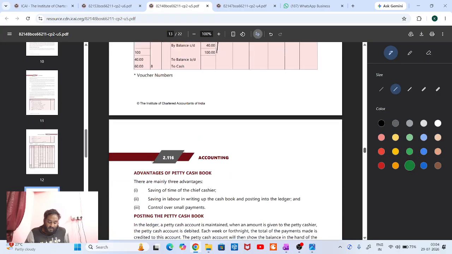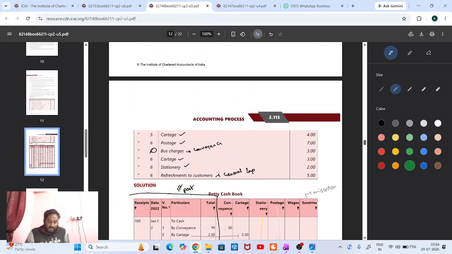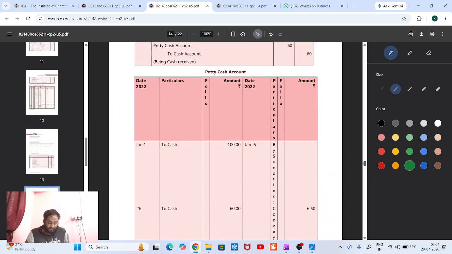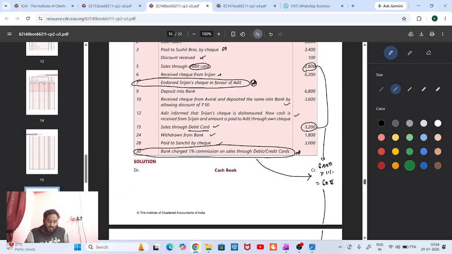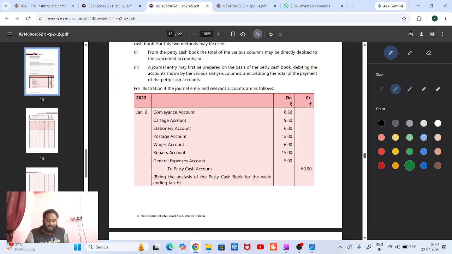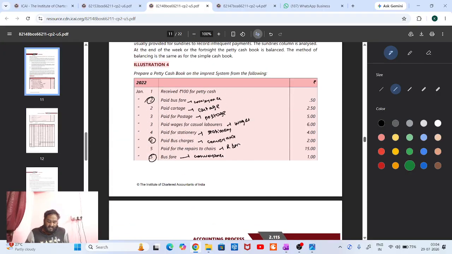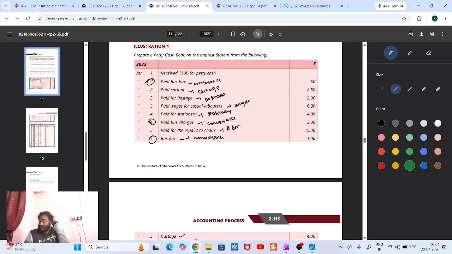So there are two illustrations, and then there is one practical question. Basically, it is more like a subsidiary book along with the horizontal method of the subsidiary book, right?